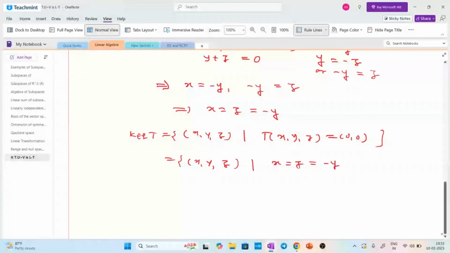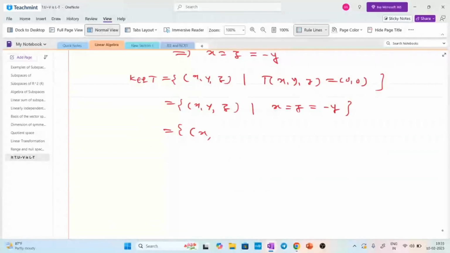Okay, then that is equal to x, keep it as it is. Here x is equal to minus y, so y is equal to minus x. Then x equal to z, therefore z is equal to x here, such that x belongs to the real numbers.